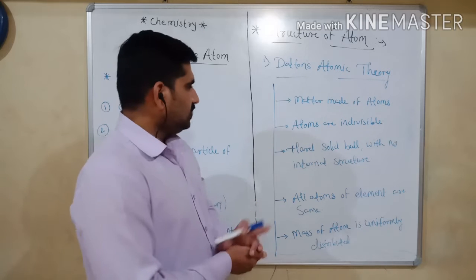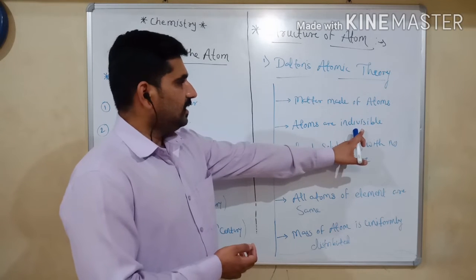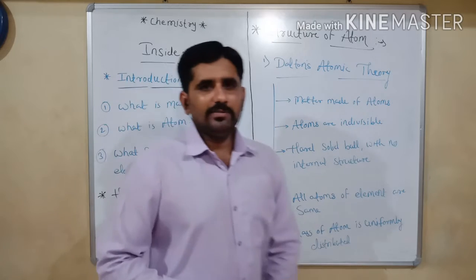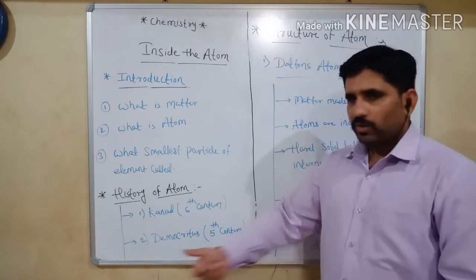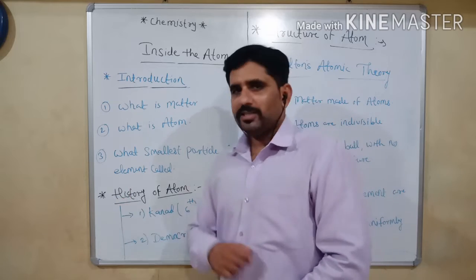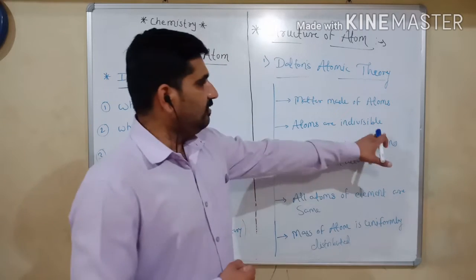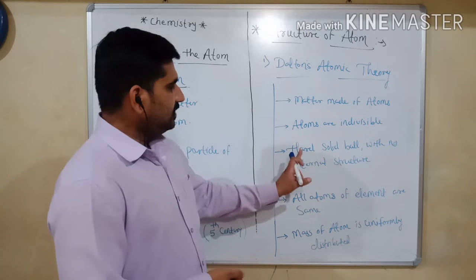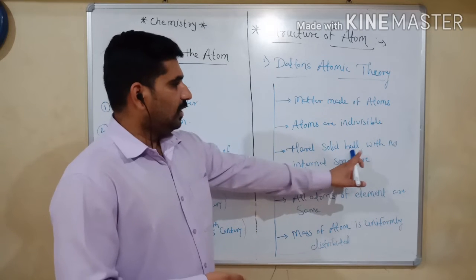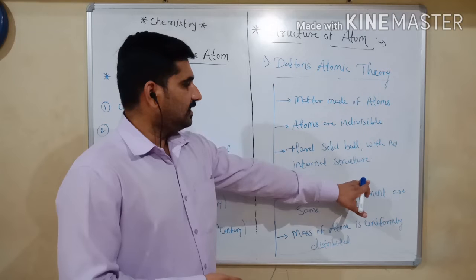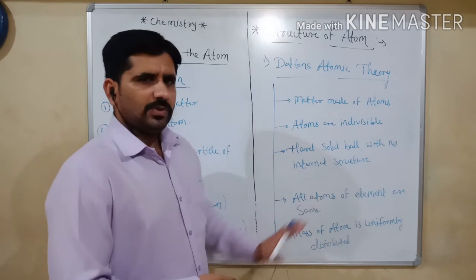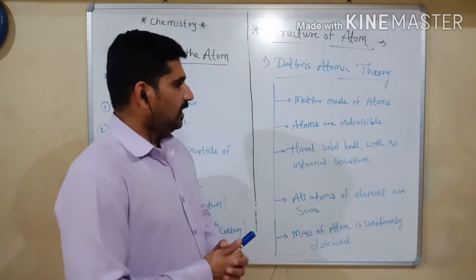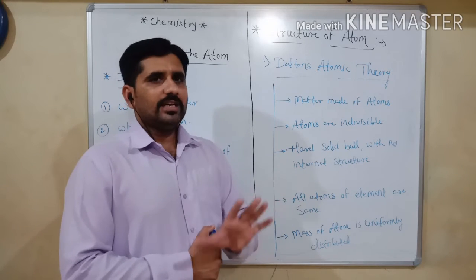The second observation was that atoms are indivisible, as Democritus and Kanad also said, meaning single type. Next, an atom is a hard solid ball with no internal structure. Because an atom is very small, it doesn't have any internal structure.